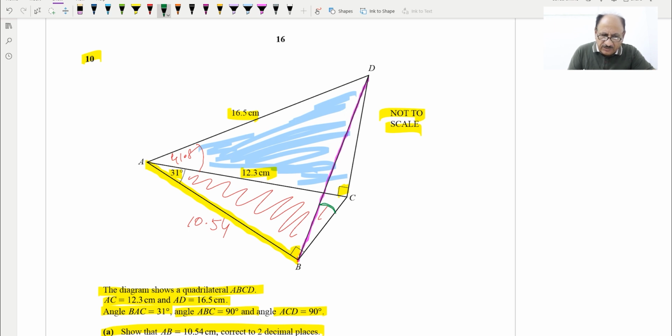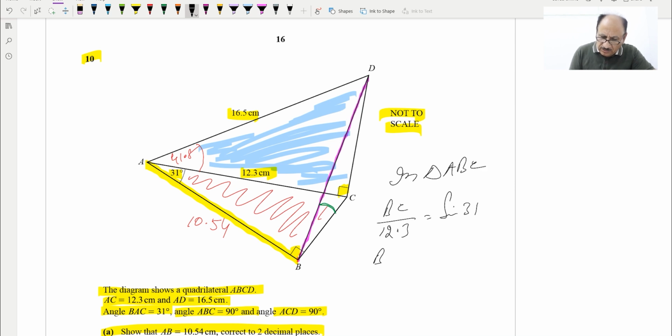After finding BC, we can apply the cosine rule. So BC over sine of 31 in triangle ABC is equal to 12.3 over sine of 90.